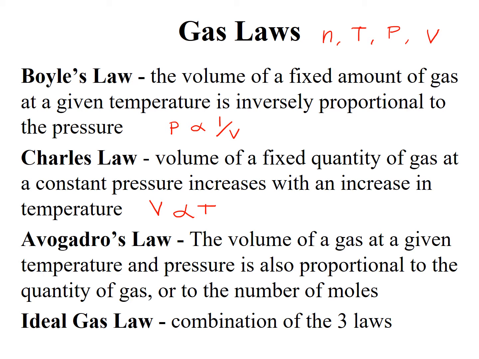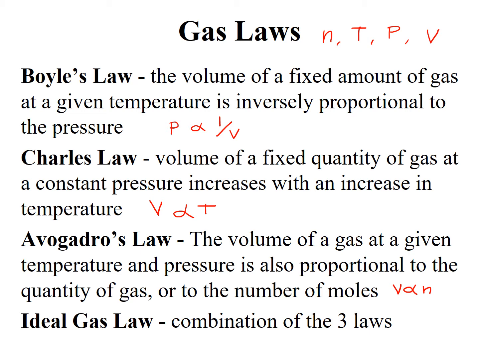And then Amedeo Avogadro further stated that the volume of a gas at a given temperature and pressure is also proportional to the quantity of gas, or to the number of moles. So we can describe it as volume being directly proportional to the number of moles.